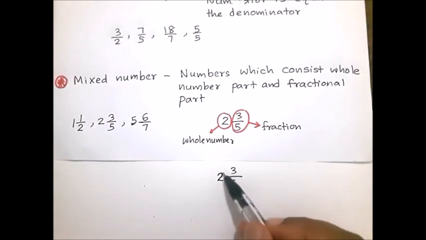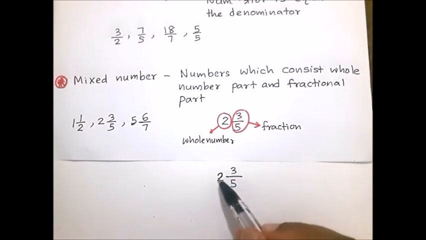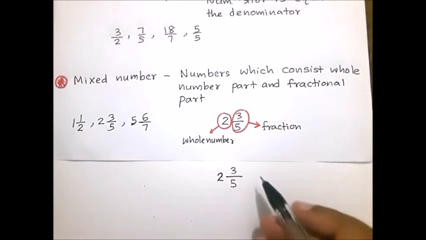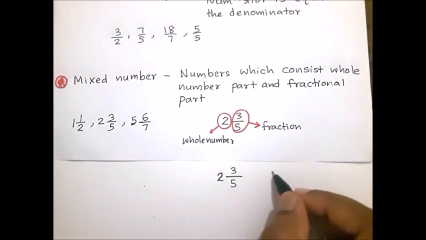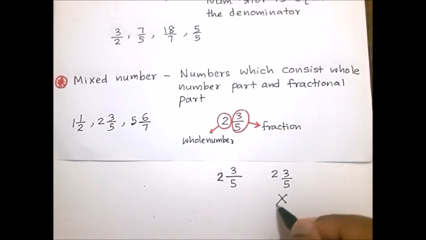This whole number should be placed in between these two numbers, in the middle of these two numbers. If you write this as 2 and 3 over 5, this is wrong, because the whole number and numerator are placed in one line.